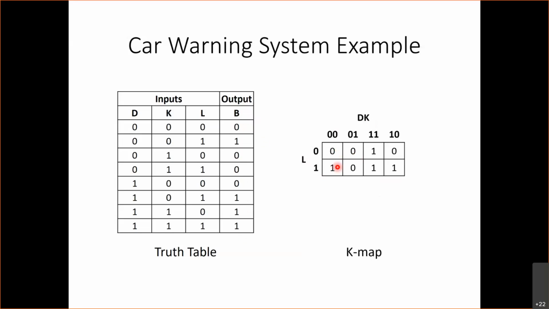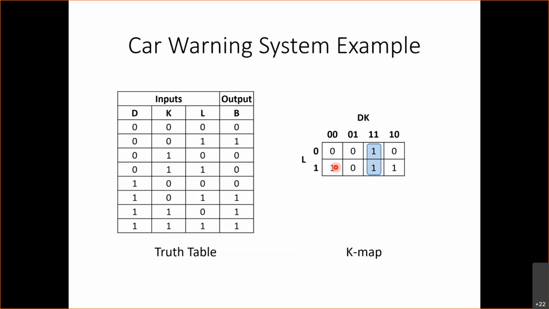We have 0, 1, 0, 0, and then we skip the 3rd column. We go here, the last one, we put 0, 1, and then we come back to the 3rd column and we put 1, 1. And now what we want to do is look for the largest rectangles to cover our ones. So the first rectangle is going to be this column over here. So we're going to put a rectangle here. And then we have 2 more ones that we want to cover, this one over here and this one over here.